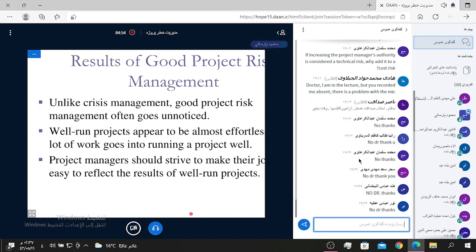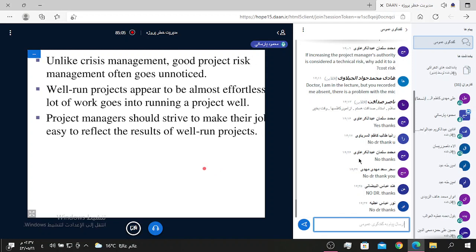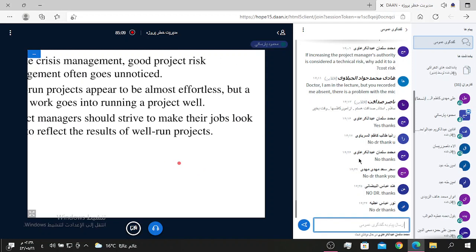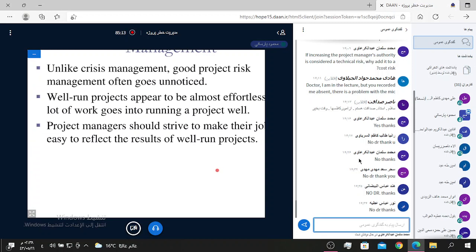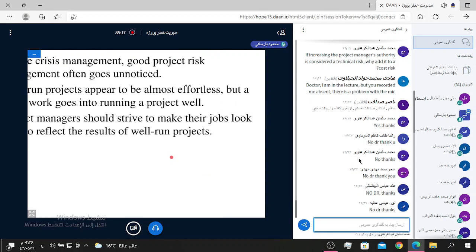And the next result of good risk management is that well-run projects appear to be almost effortless.